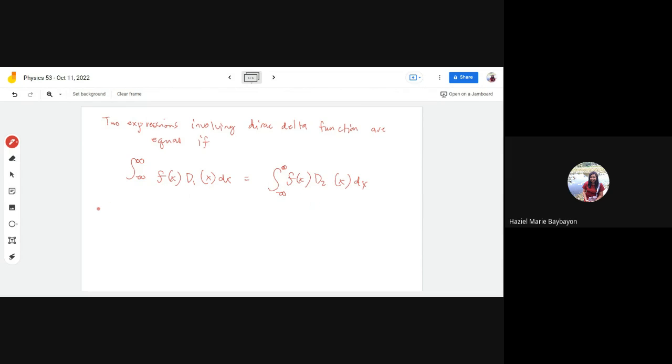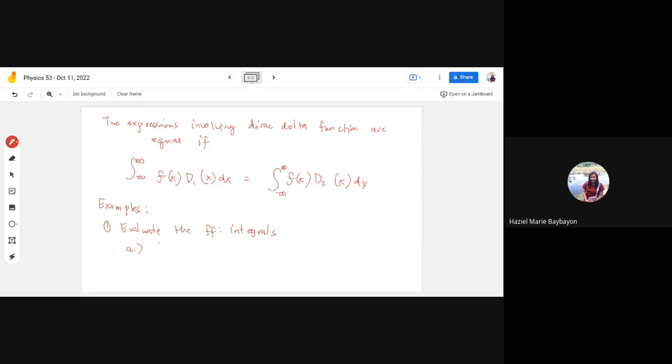So for example, to visualize this, class, let us have some examples. Evaluate the following integrals. Okay, so the first integral is this.